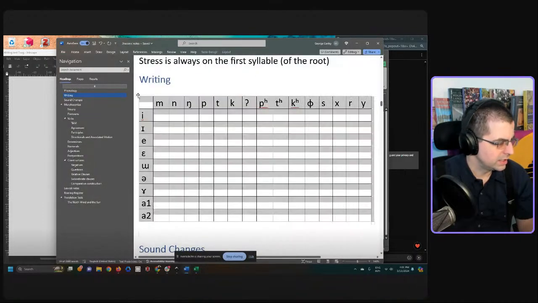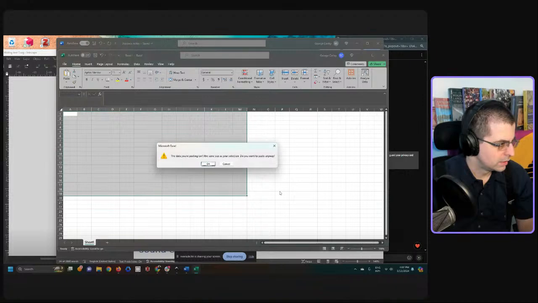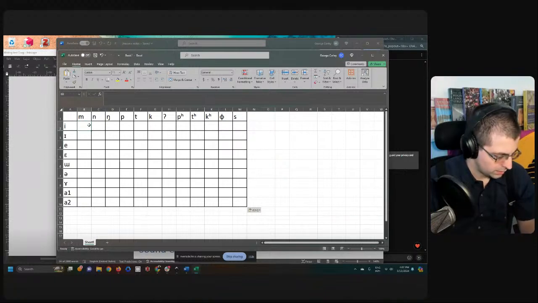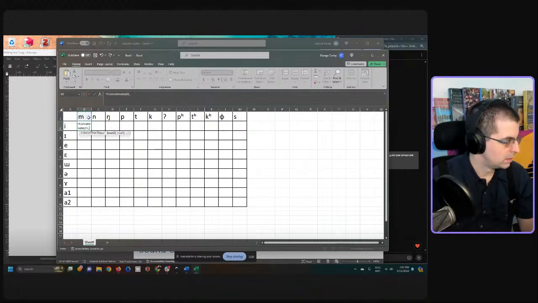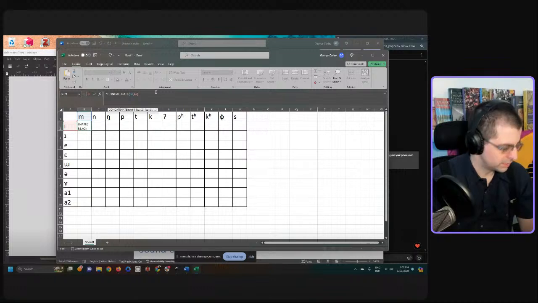Can I not just copy a table into Excel? Right, and then what we do is we have to freeze this in place and freeze this in place.